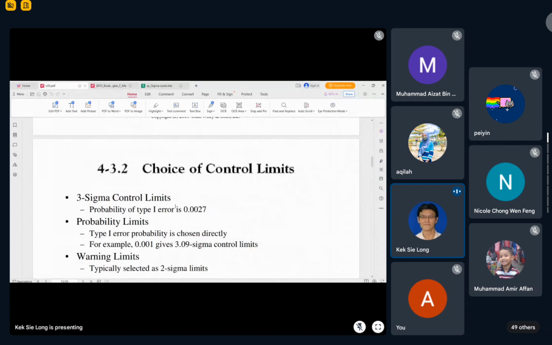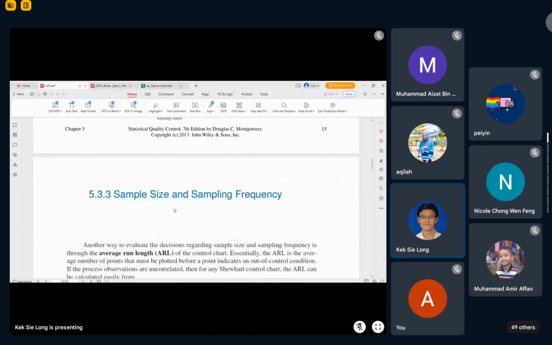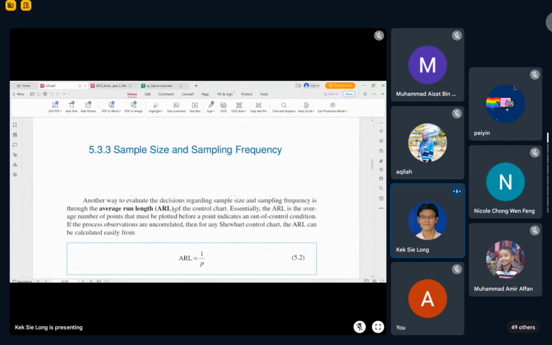Okay, if no question from you, then we go to the next part. We call it sample size and sampling frequency. Again, this is the extension of the sampling theory from the statistics and probability course.